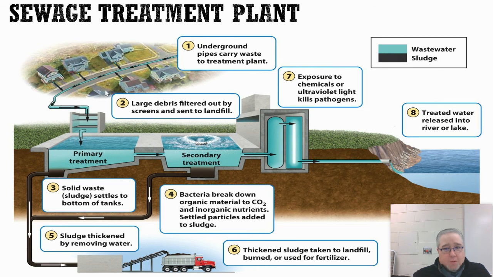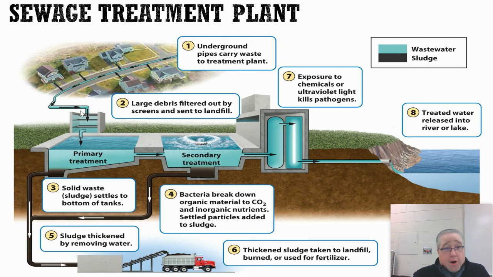Most of the houses in Crown Point are all connected to the same sewer system. So when this house flushes the toilet, all of their sewage eventually goes into the same pipe that all the other homes go into. Everybody's houses drain into the same sewer, and all of that wastewater is pumped to a sewage treatment plant. We have multiple sewage treatment plants in Crown Point.